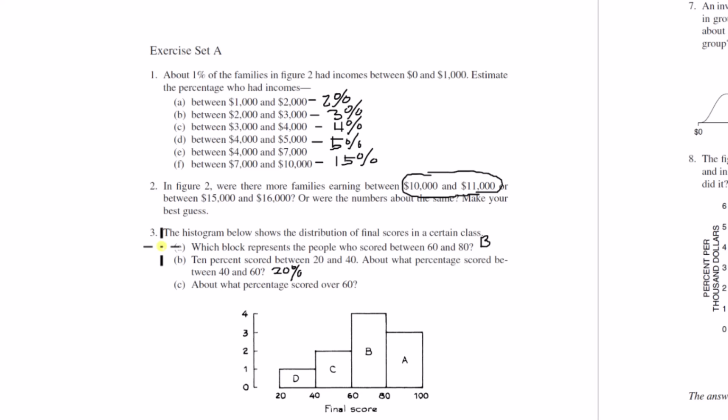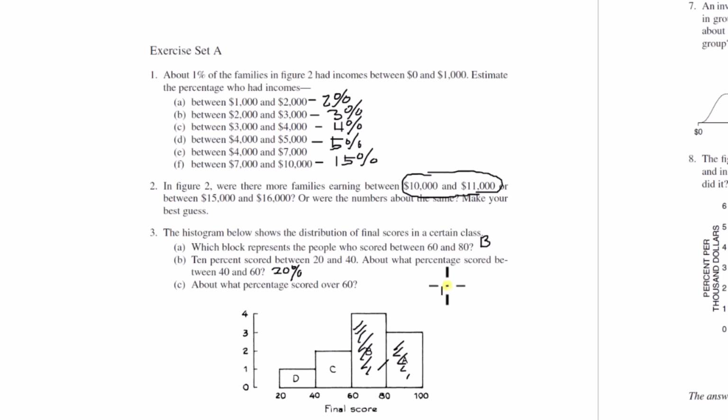About what percentage scored over 60? What is the area of these two blocks combined compared to the area of the first block, which we know is 10%, or the second block, which we know is 20%? Well, 60 to 80, that's 20 times 4, 80. And then 80 to 100, that's 20 times 3, 60. 80 plus 60 is 140.